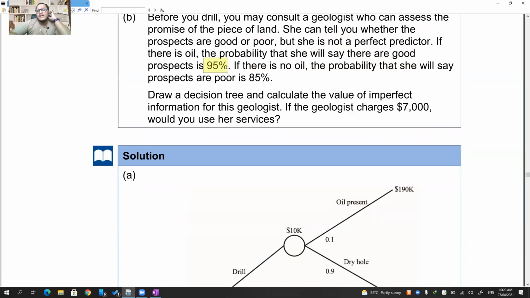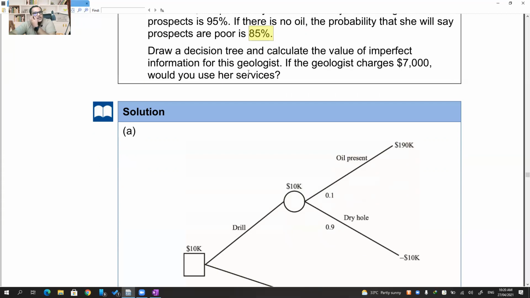Okay, sir, you take this particular geologist to a particular place and ask her, can I find oil here? If there is really oil in that place, 95% chances are there that she'll say yes, there is oil in this place. And similarly, if there is no oil, the probability that she'll say prospects are poor is 85%. You take her to a place where there is no oil, she can say correctly 85% of the time that no, there is no oil here.